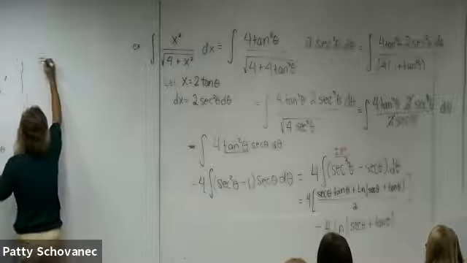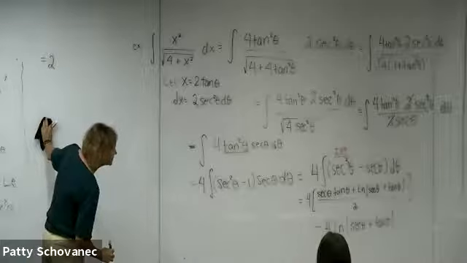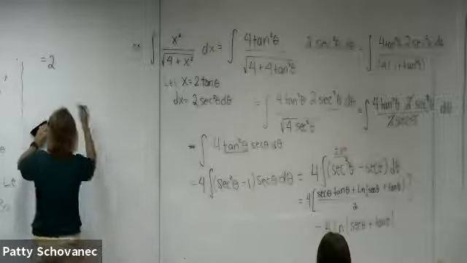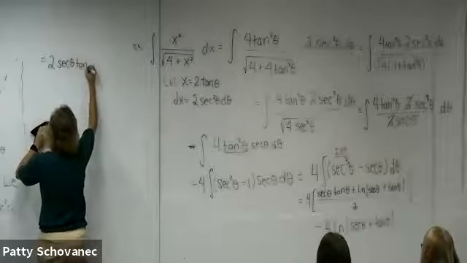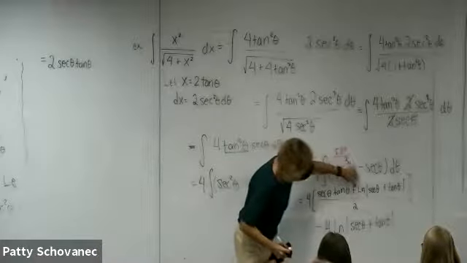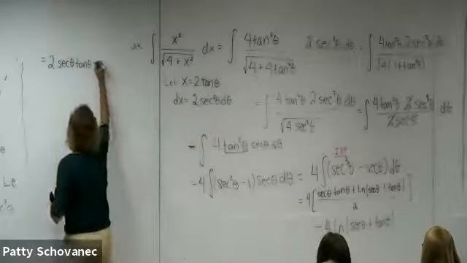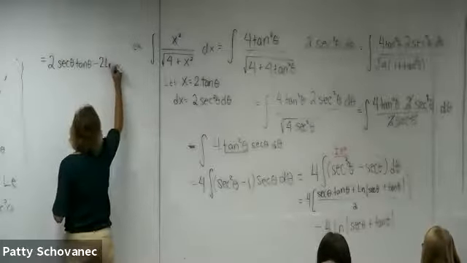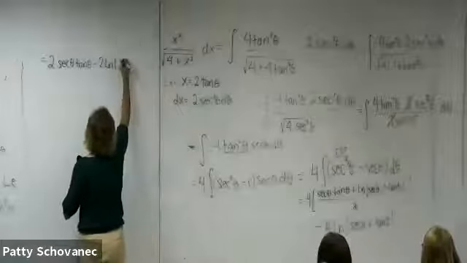Simplifying step, I said we get 2 times secant theta tangent theta. And then again, I've got 2 of the plus natural logs minus 4 of the natural logs to give me minus 2 of those natural logs. Secant theta plus tan theta.